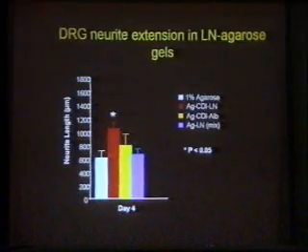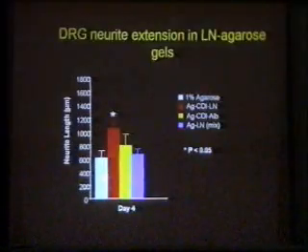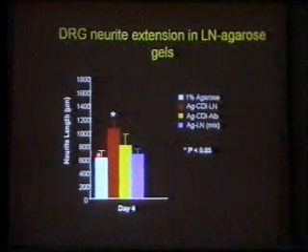If you couple laminin to the backbone of agarose, we have a couple of different chemistries, and I can give you papers on those. If we covalently couple laminin to the backbone of the gel, culture dorsal root ganglia and measure the length of the processes, they grow very well in agarose, as I showed you earlier, but if you couple laminin, you can almost double that.